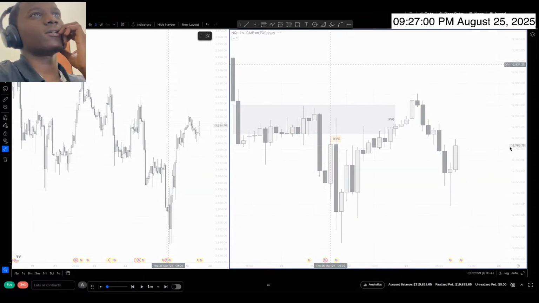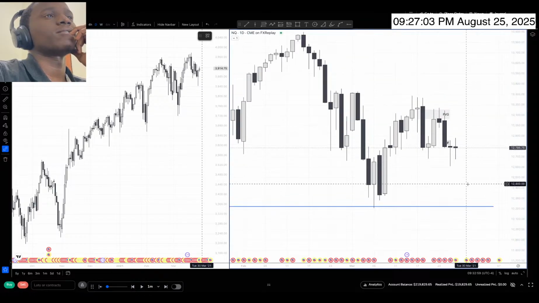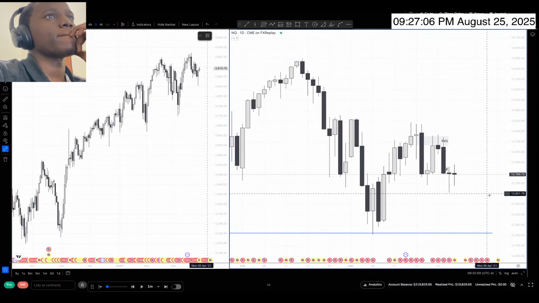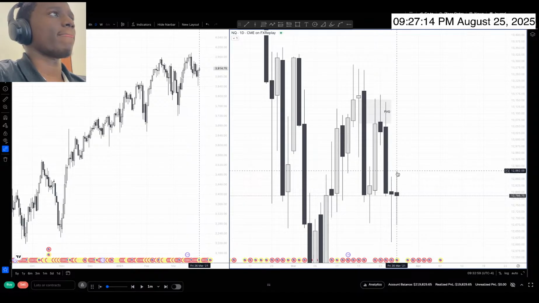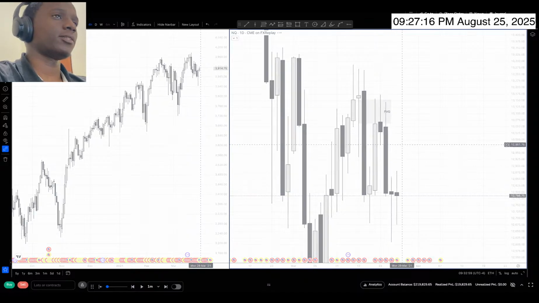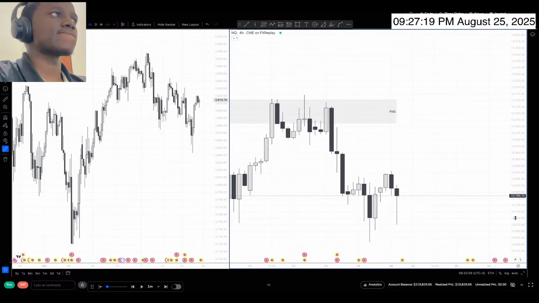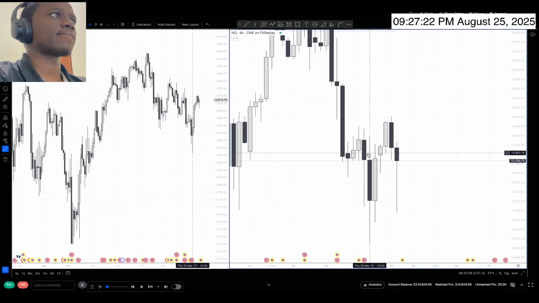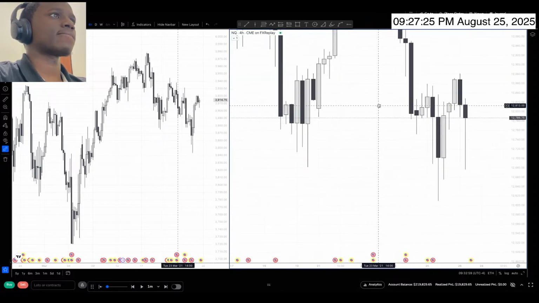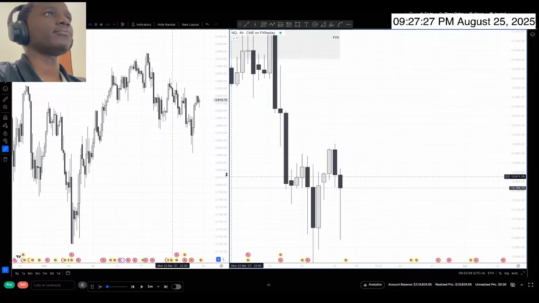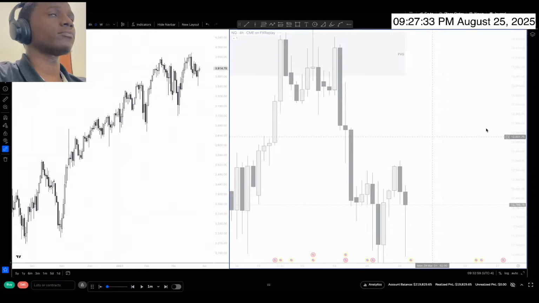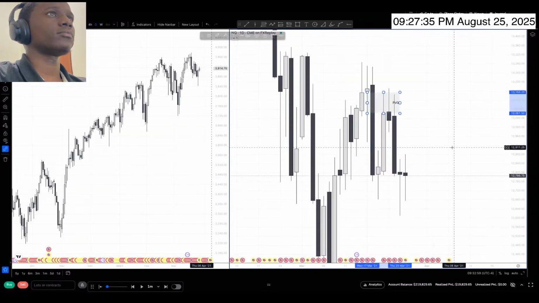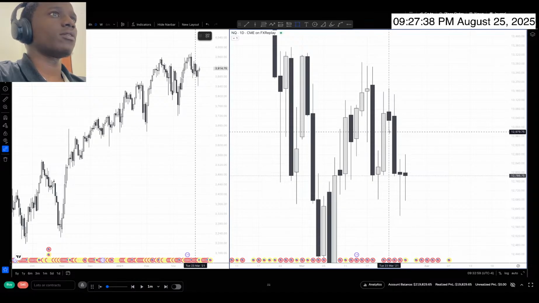Let's do this in the daily and see. We're having some constant crazy wicks. So I'm thinking it's some kind of retracement into this gap before the drop. We already took out this high, but I'm still thinking it could push a bit higher. This gap here.